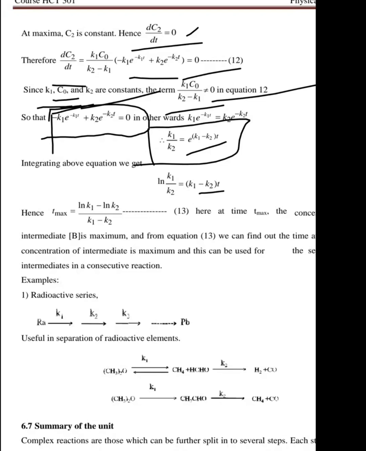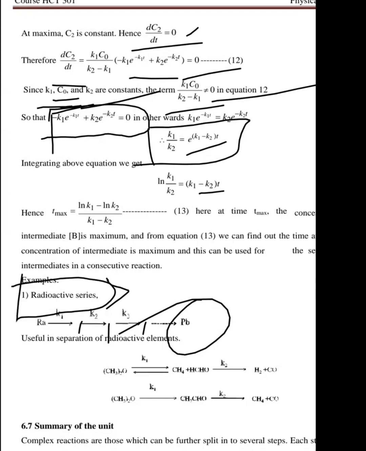And further, for example, this is a consecutive reaction from A to B, B to C, C to D, and further it forms the product. This is the reaction series given as an example here.